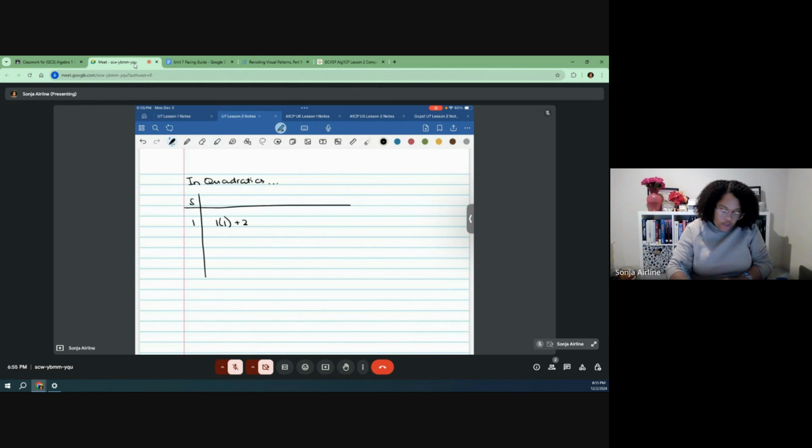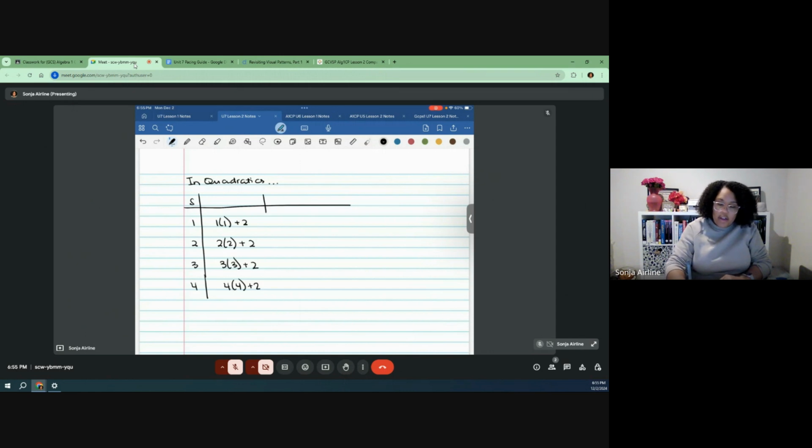For stage 2, I had a 2 by 2 square, followed by 2 additional tiles on both sides. For stage 3, I had a 3 by 3 square in the middle with 2 extra tiles. And then for stage 4, I did a 4 by 4 square in the middle, followed by 2 additional tiles.